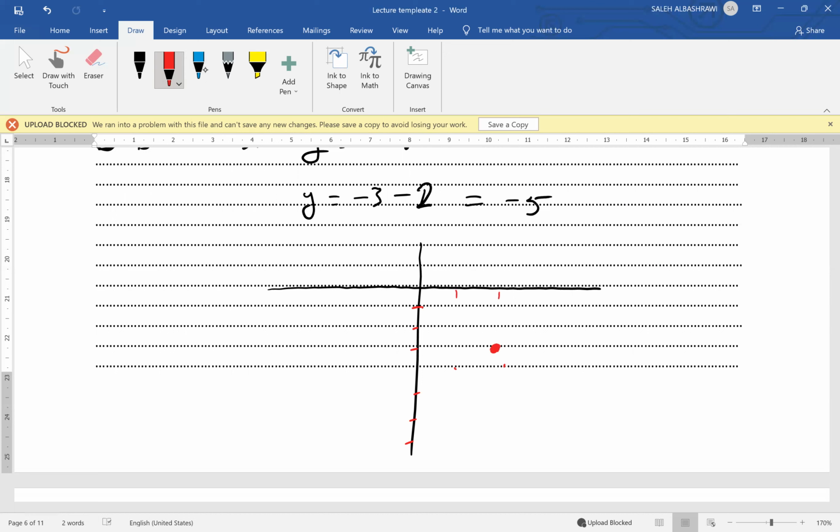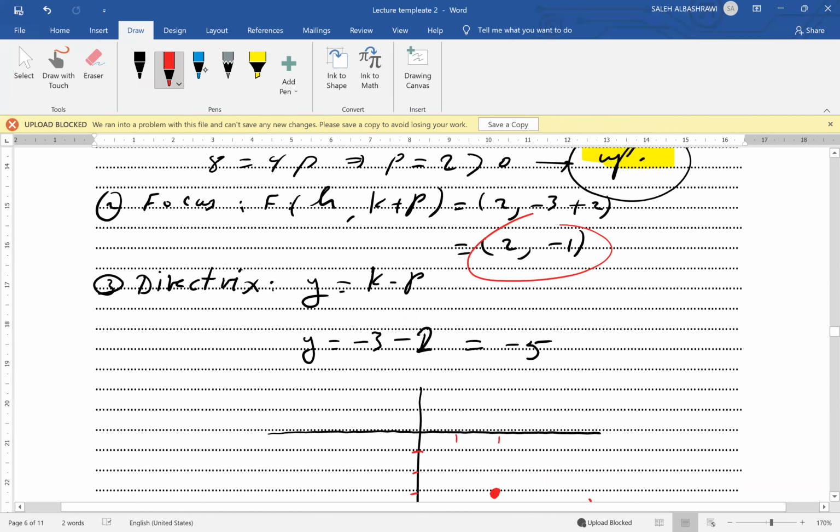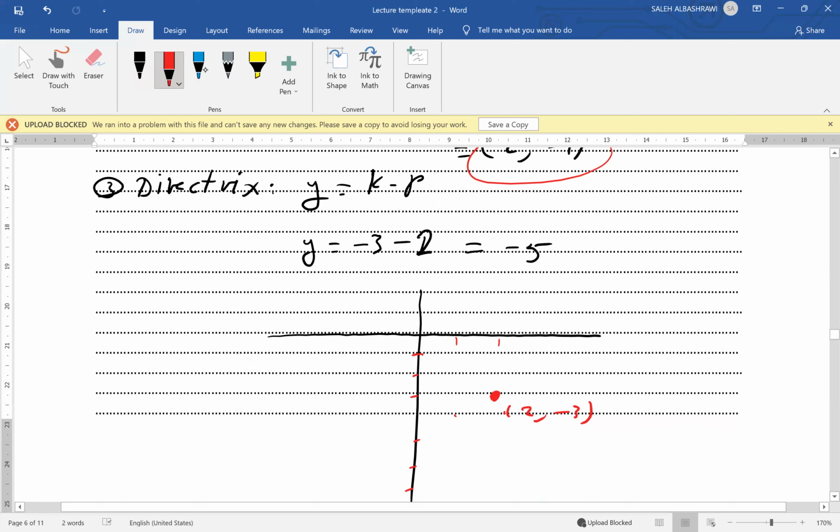This is the vertex, 2 and minus 3. And the focus point is 2 and minus 1. This is F.